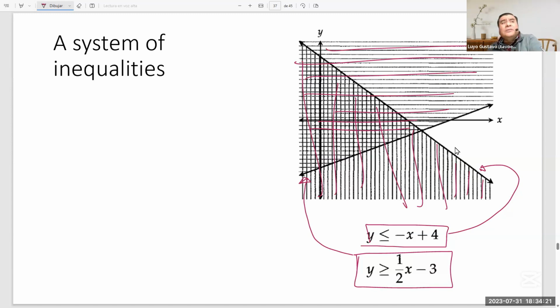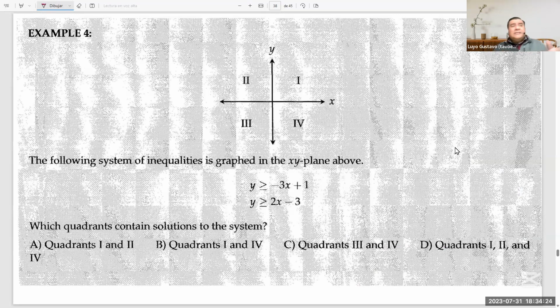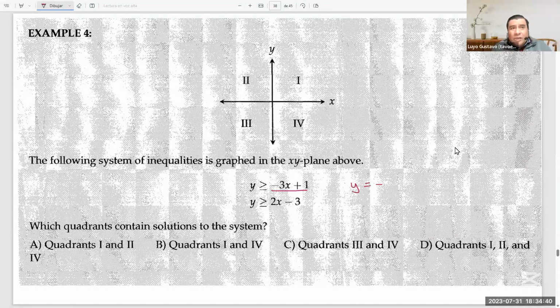So how do we understand this? Imagine, for example, you have a system of inequalities that you want to draw here. Just reason like this. If y is greater than or equal to this, then this follows the equation negative 3x plus 1. You know that the intercept of this line is here at 1. But the slope is negative and steep, something like this perhaps.